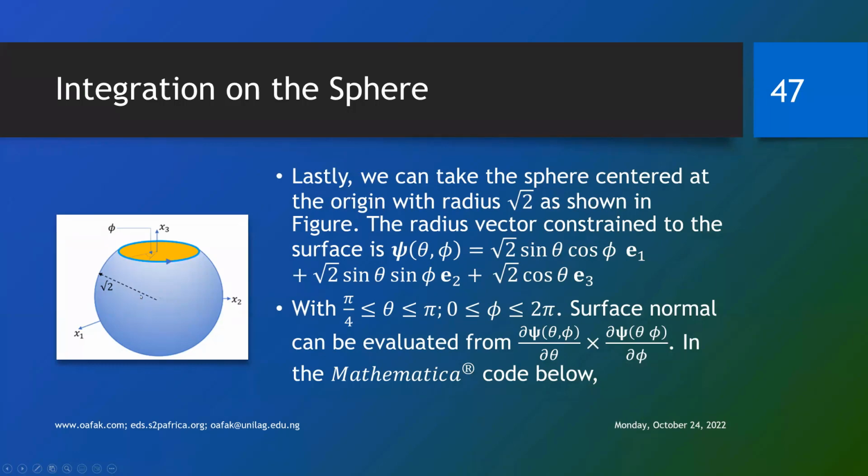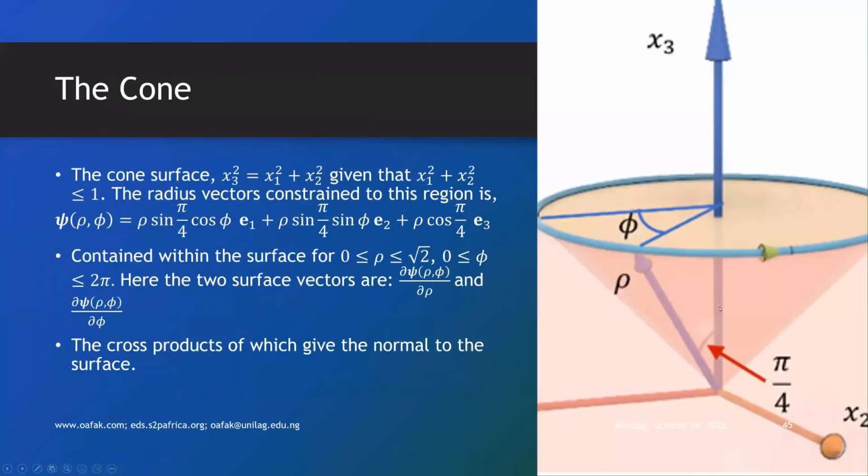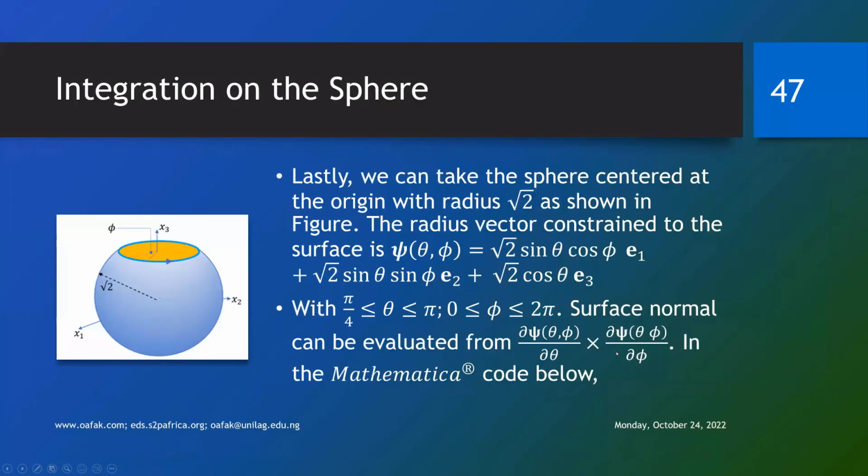You can check that out and convince yourself that what I'm saying is true. If you are finding that difficult, just take a look at this cone. You can see that the radius of this cone, the slanting side of this cone, is square root of 2. If you now let it be the radius of the sphere, you can see that everything is now the square root of 2. So that's how you get that.